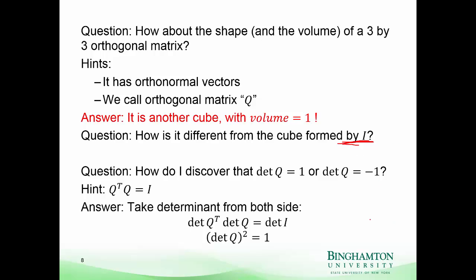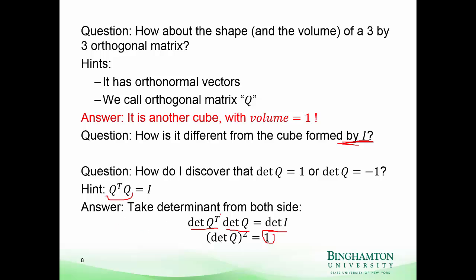If we take the determinant from both sides, we take the determinant of this, and we know that that will be equal to the product of their individual determinants. So determinant of Q transpose, determinant of Q on the left, and on the right we have determinant of I, which we know is equal to 1. And on the left, we know that the determinant of any matrix is equal to the determinant of the transpose of that matrix.